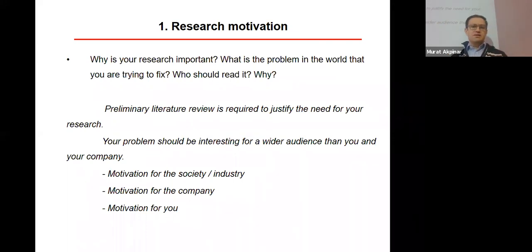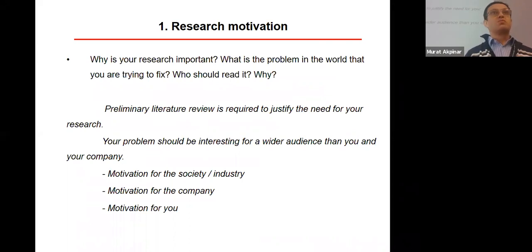In providing the motivation, you should be supporting your arguments with citations. Sometimes we see some motivation like, oh, I'm so interested in this topic, this is a very contemporary topic, and I love marketing, and this is why I will do this thesis.